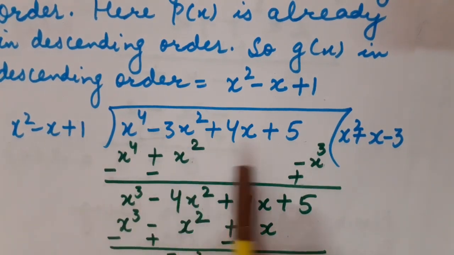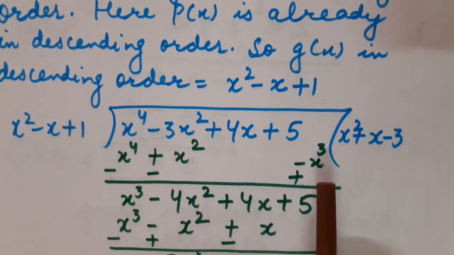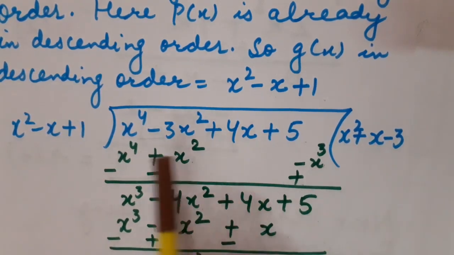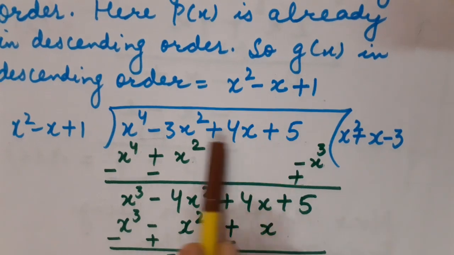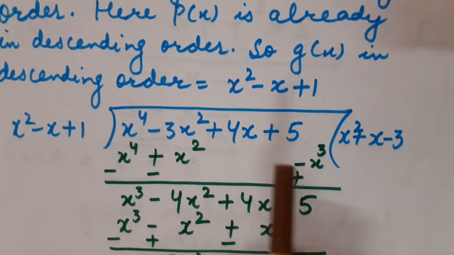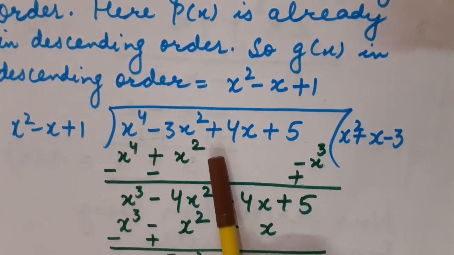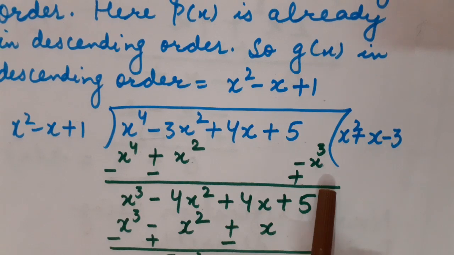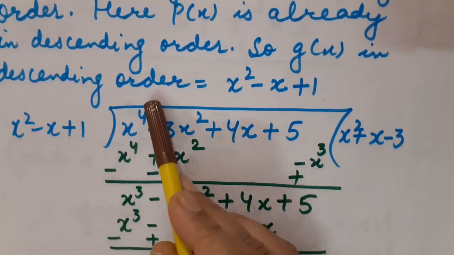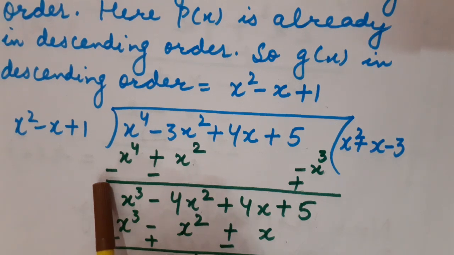This is minus x cube, because x square into minus x will become minus x cube. It must be placed aside because in dividend, or I should say in px, there is no term having x cube. Fine. So now x square will be multiplied by 1. It would become plus x square. Changing the sign because we have to subtract. X raised to the power 4 and minus x raised to the power 4 are going to be cancelled.